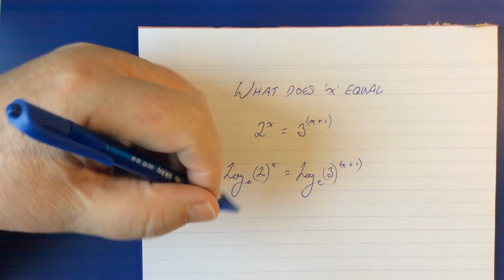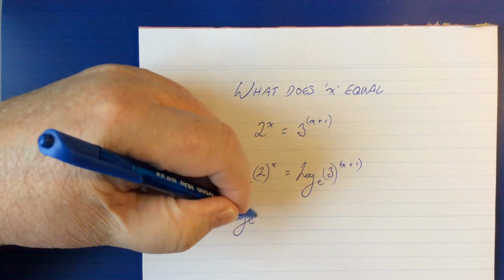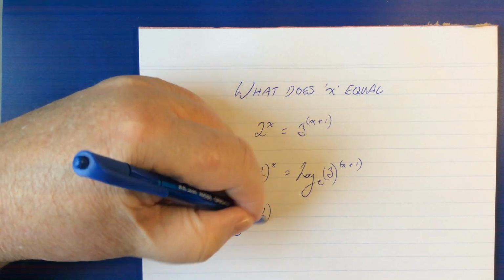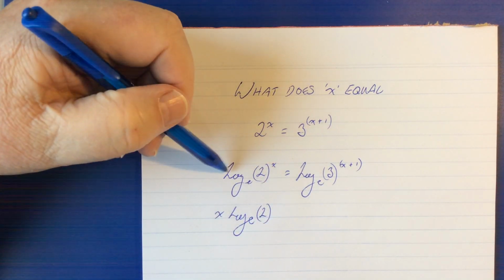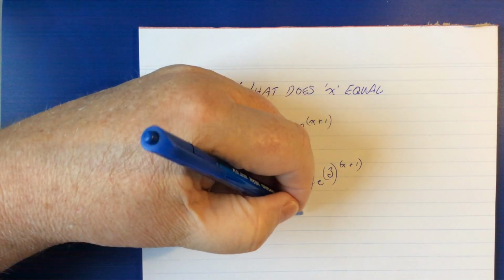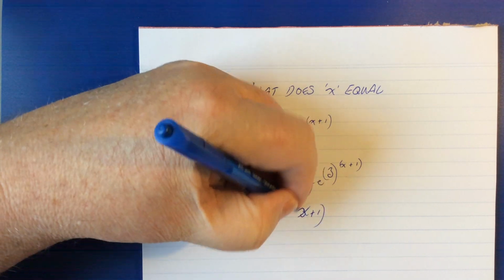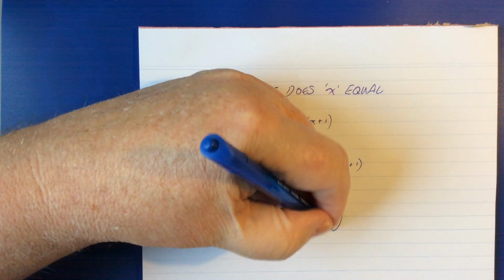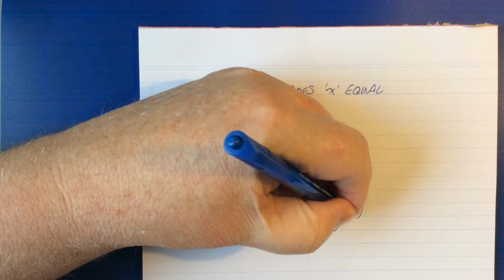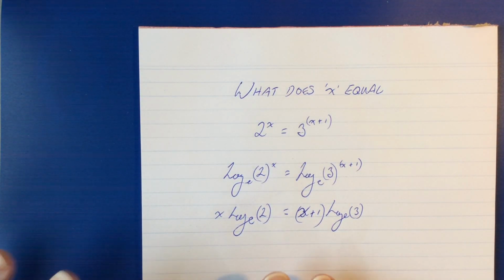We're just going to take advantage of some log rules, the first of which you see here, which is that we can rewrite this as this. And we can do the same for this. That is x plus 1, not 3. X plus 1 log e of 3. Now, what does that do?